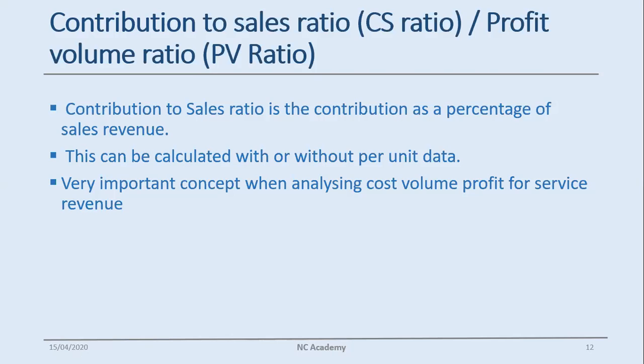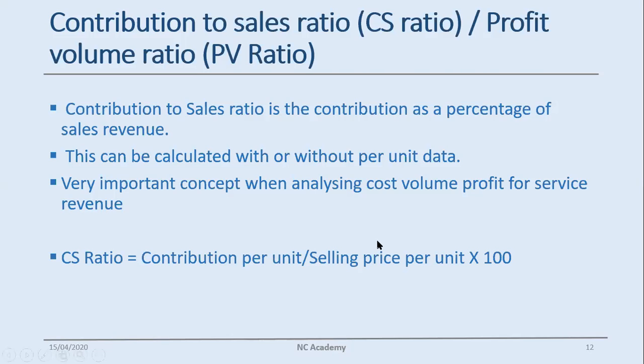It is your contribution as a percentage of sales revenue. This can be calculated with or without per unit data. This is a very important concept when analyzing cost, volume, profit for services revenue, where you don't have units. You're producing services, you don't have a unit involved. So this concept is very important.